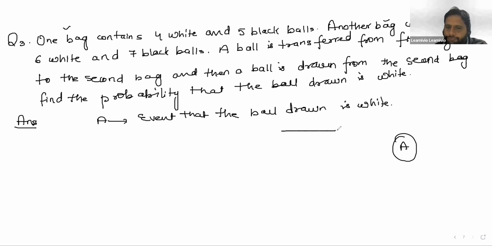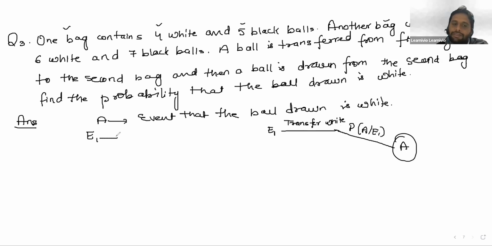First, what will happen from the first bag? We have two types of ball, white and black. So from the first bag we have two options. We can transfer a white ball, and then from the second bag we will draw a ball.